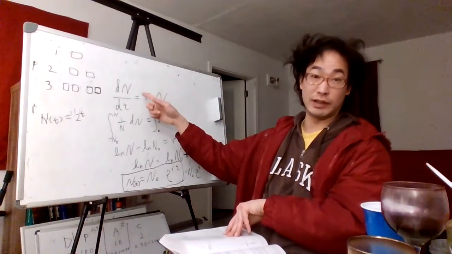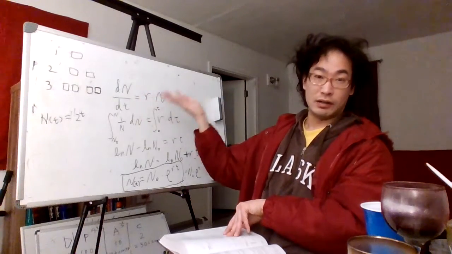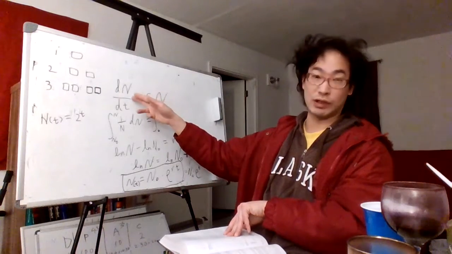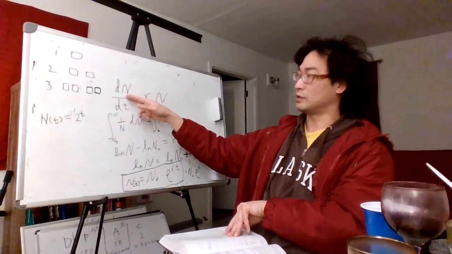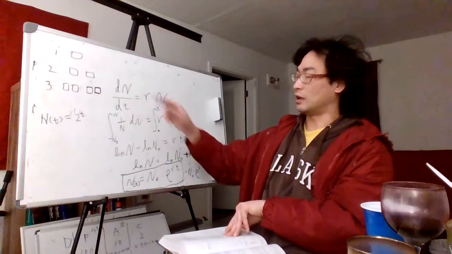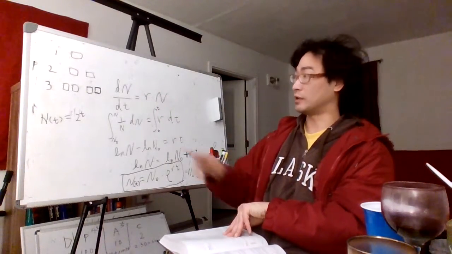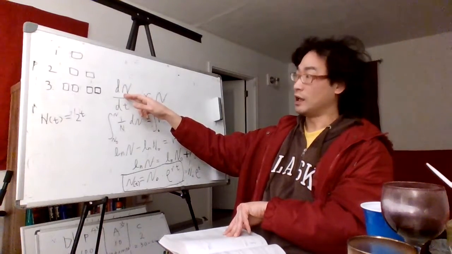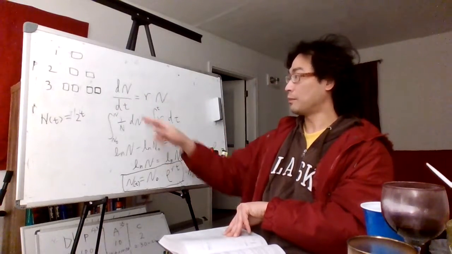N is the number of individuals, could be bacteria, people, or plants, whatever species we are talking about. So the number of individuals in that species per day is the change in the population. That's the delta N, the change in population. It could be positive, it could be negative. So per day.